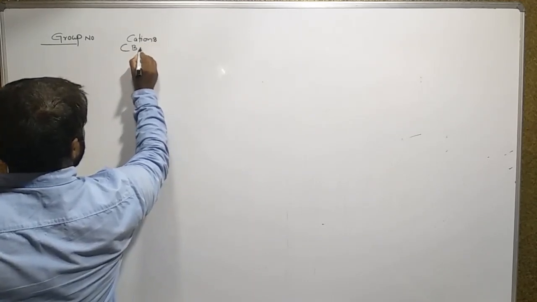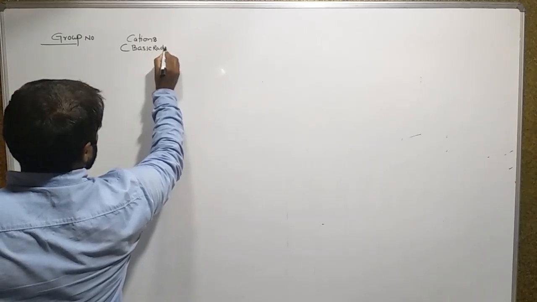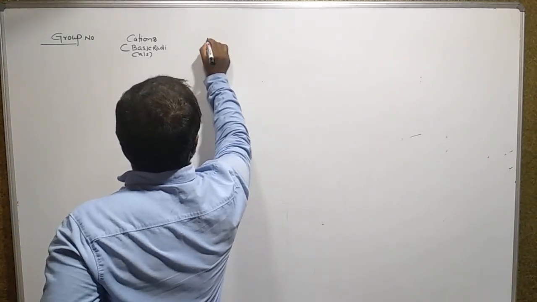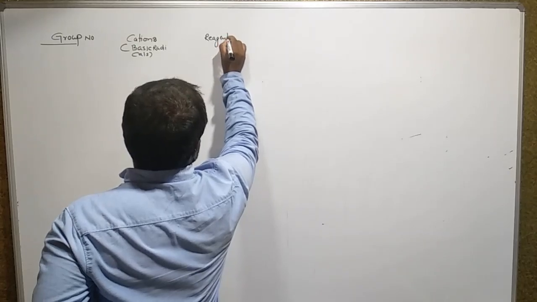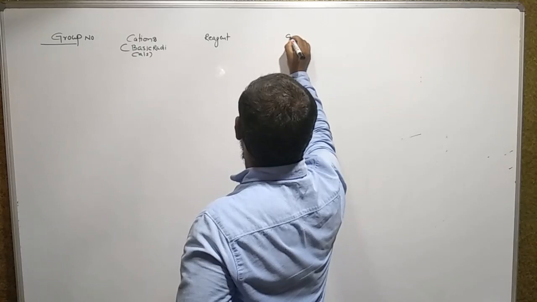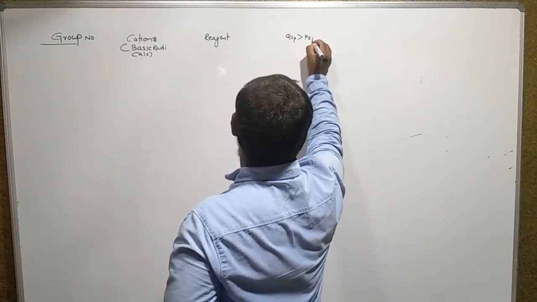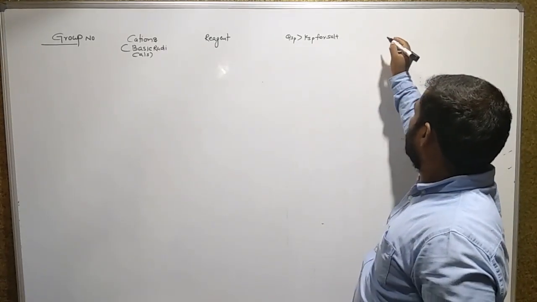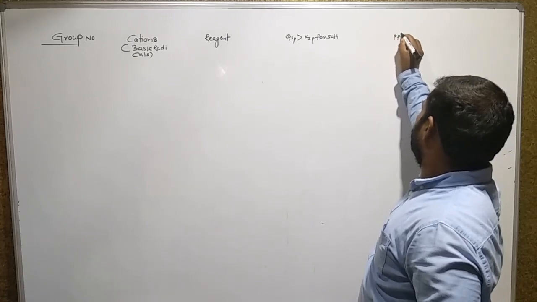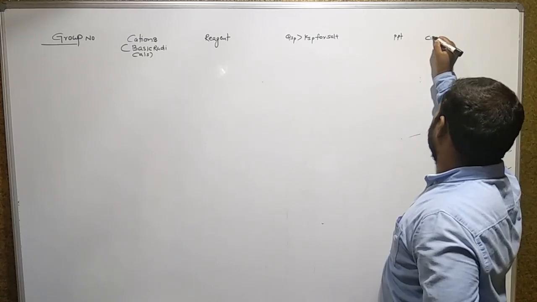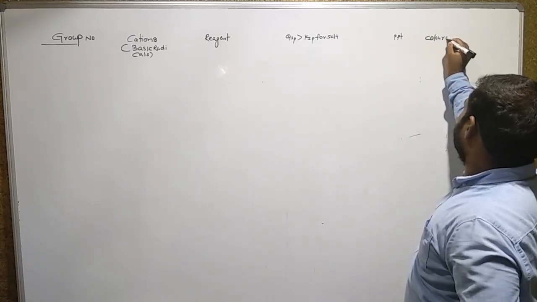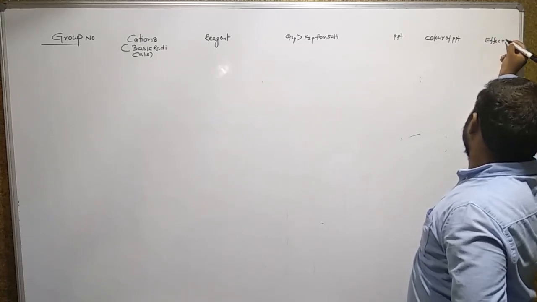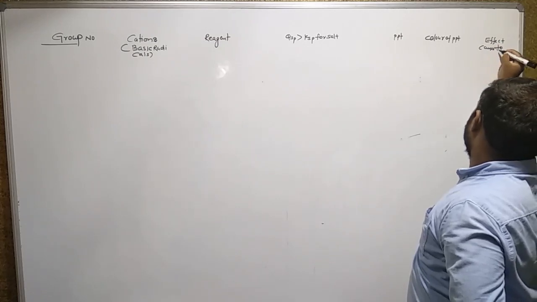What we call it is basic radicals, reagent, and the QSP greater than KSP relation for salt, and then PPT, color of PPT, and effect causes to PPT.